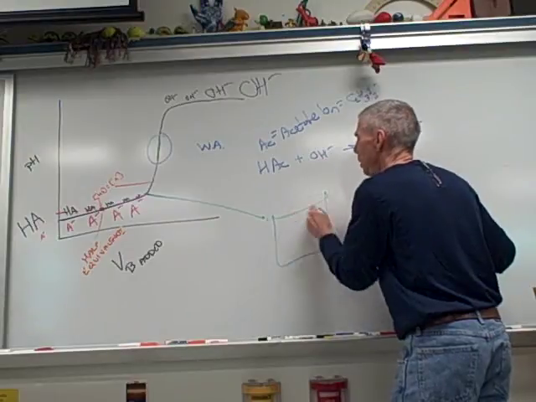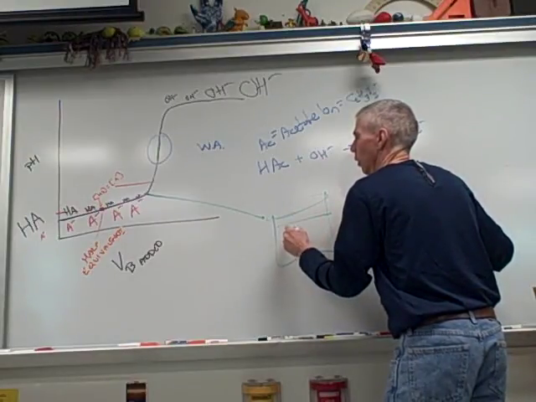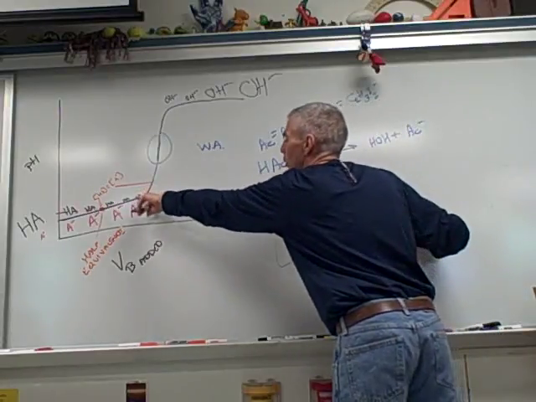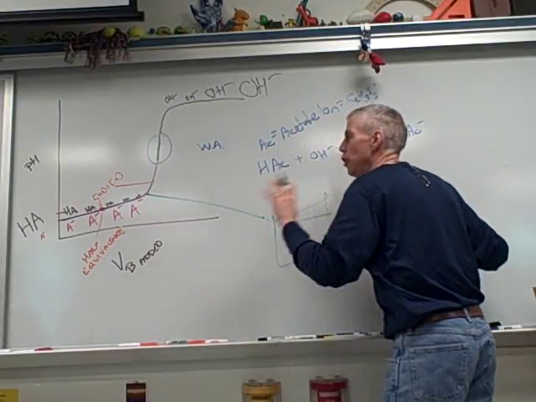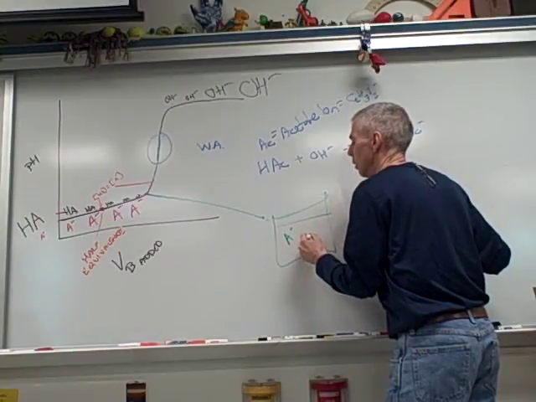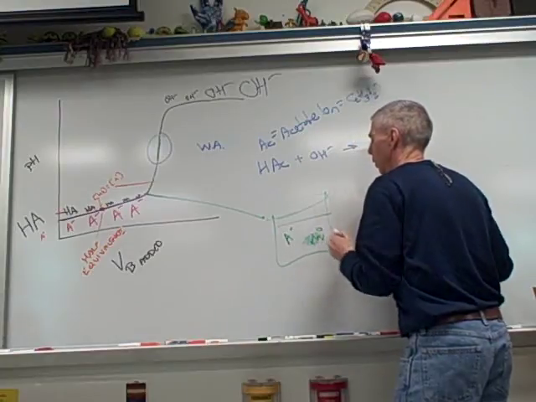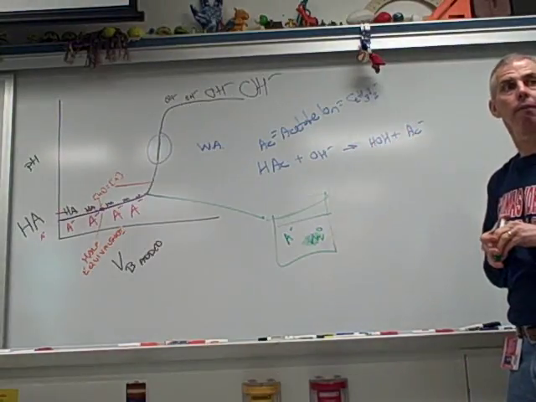What's in the beaker? A tiny bit of HAC. Let's say we're right before it jumps, so there's no HA. A lot of A minus, and I've got water. That's all that's in there, right? You okay with that?